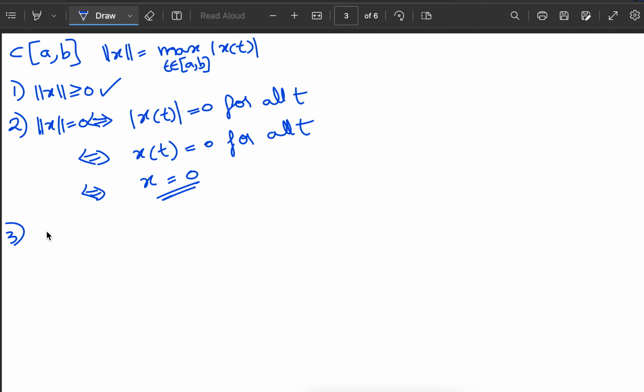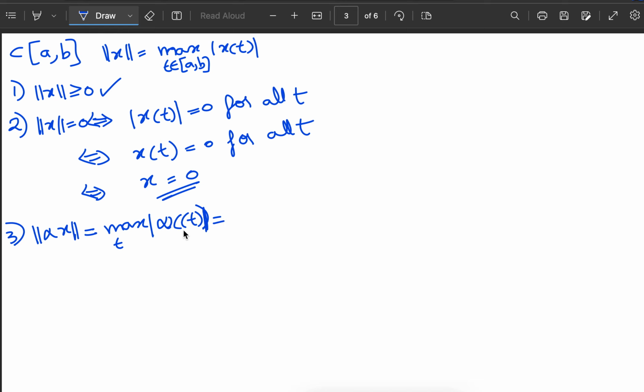Now let's check the third property. Third property is norm of alpha x must be equal to mod alpha into norm x. So what is norm alpha x? Norm alpha x is maximum over t of modulus of alpha into x of t.